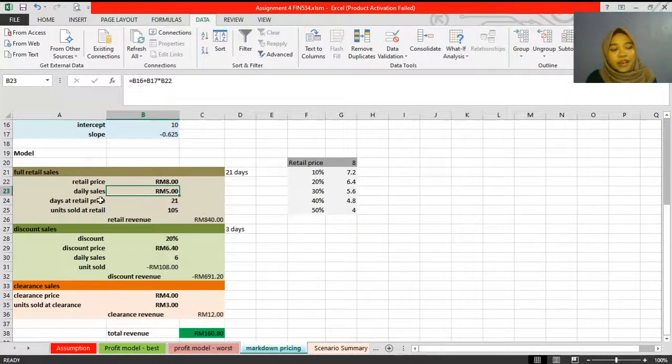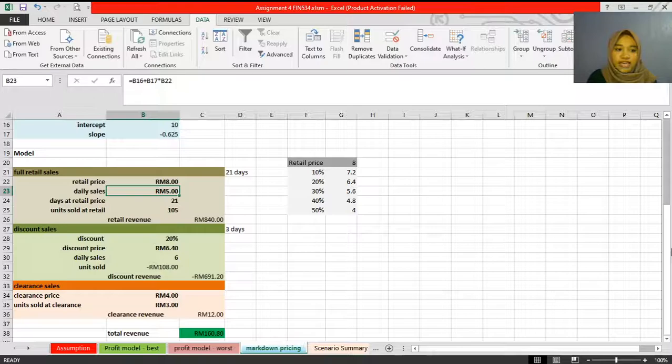How I got daily sales is from this intercept plus my slope multiplied by my retail price. And the retail revenue for my full retail price is 840 ringgit.